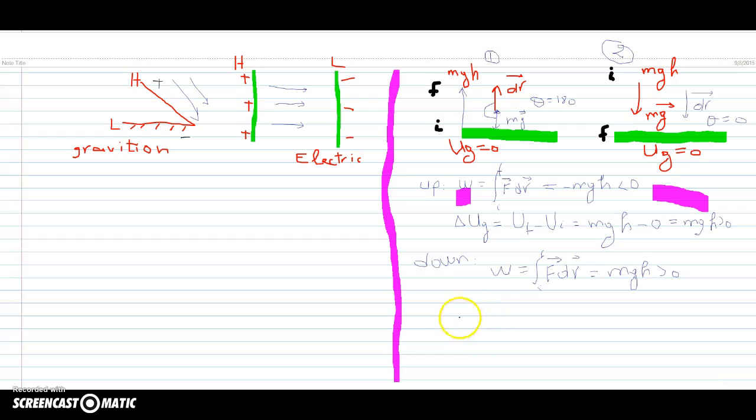The work is positive. What about the change in potential energy? So, of course, gravitational, because very soon we are going to have electric. So this is U final, which is the ground, 0, minus initial, which is mgh. So this is exactly 0 minus mgh.